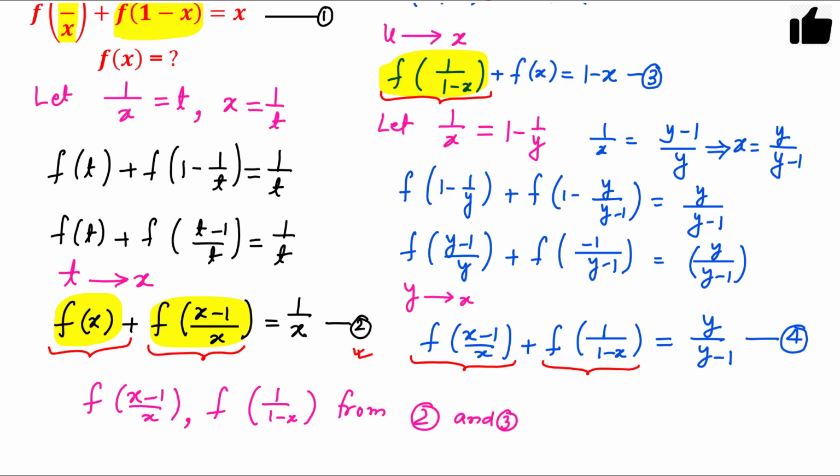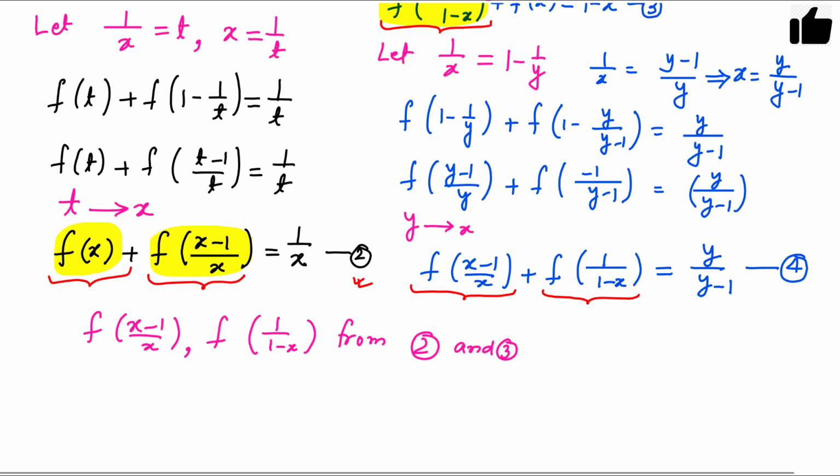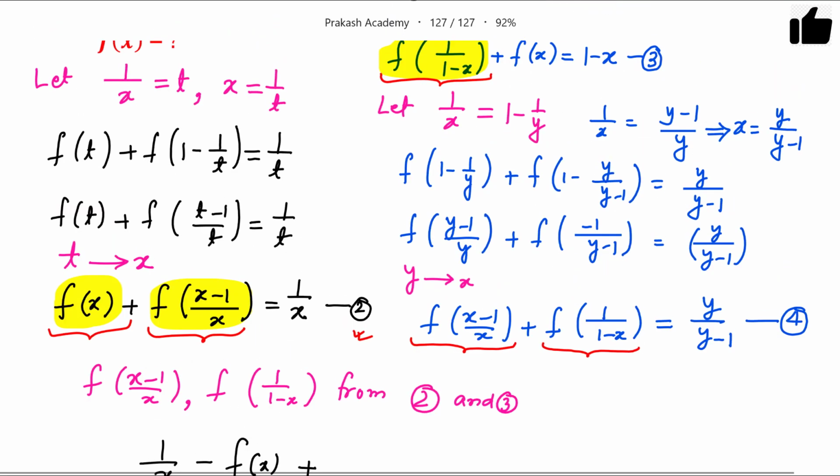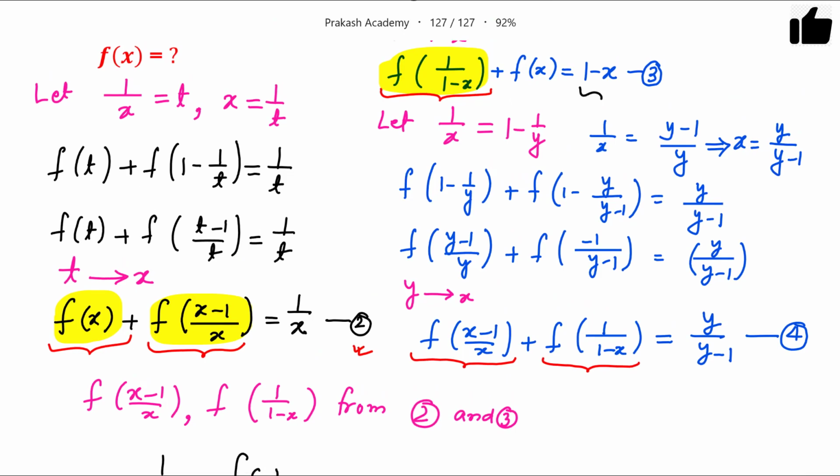So if you do that, what will you have? Now the first term f of x minus 1 by x, this will be simply 1 by x, and this term will go to the right hand side. So this will be 1 minus x minus fx plus f of 1 minus x, this will be 1 minus x, and this term will go to the right hand side.